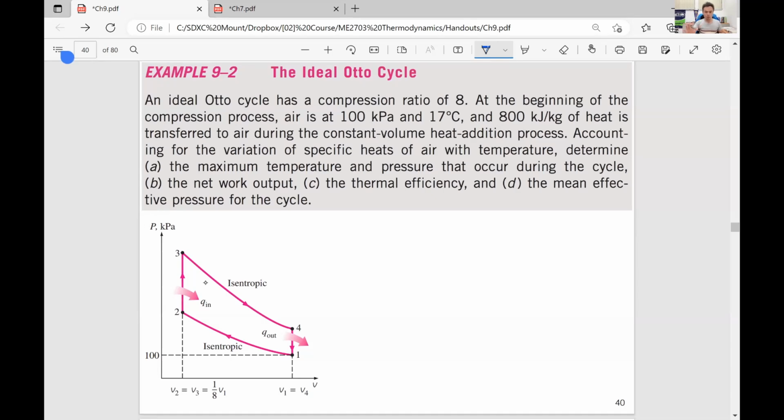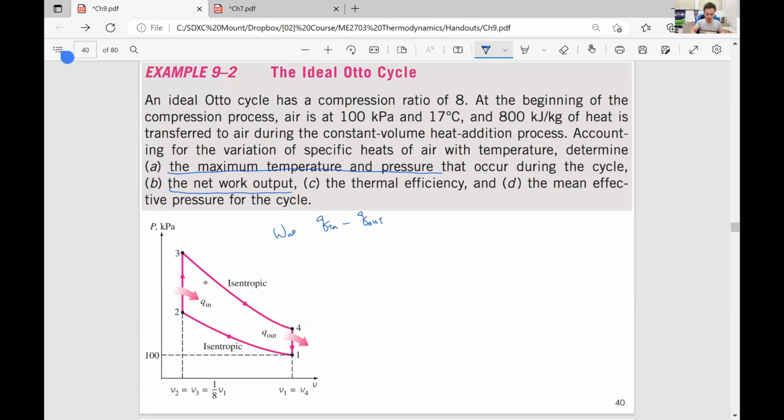Just assume you know the temperature and pressure for every state. Look at the question: it's looking for the maximum temperature and pressure. If you know the temperature and pressure at every state, you can know at which state they are the maximum. Then the work output. For the Otto cycle, the net work output is Q in minus Q out.